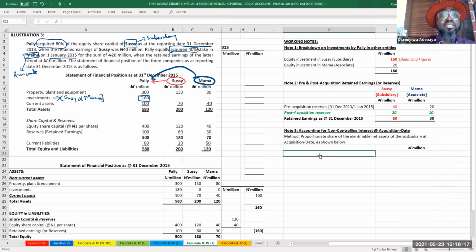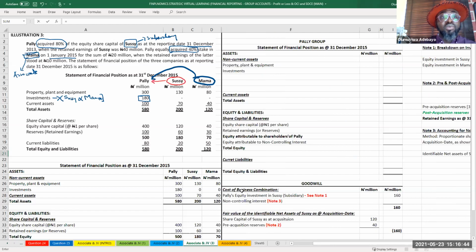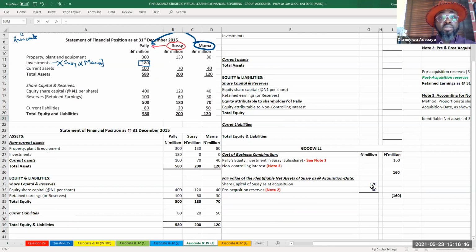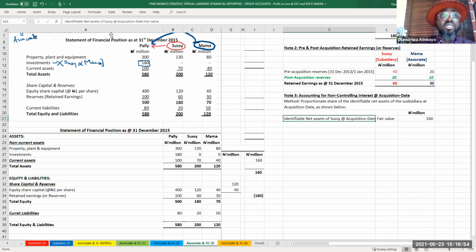The identifiable net assets at acquisition date fair value was the sum of what we have here, which is the sum of this, subject to adjustment, which we don't have any.